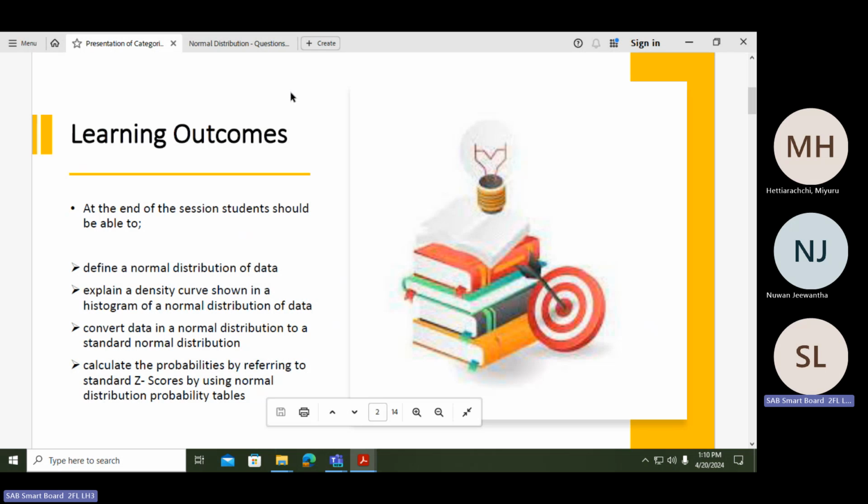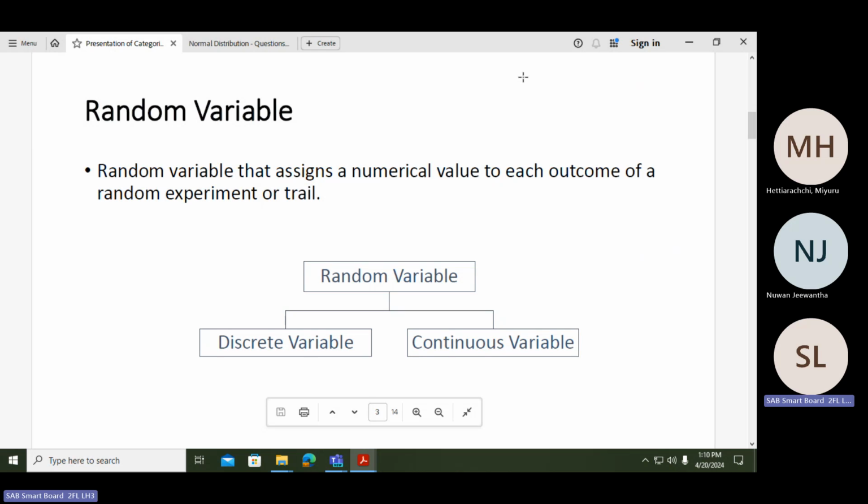Then these are the learning outcomes. Then we move into the lesson. Now you know the probability. Then we discuss the random variable.